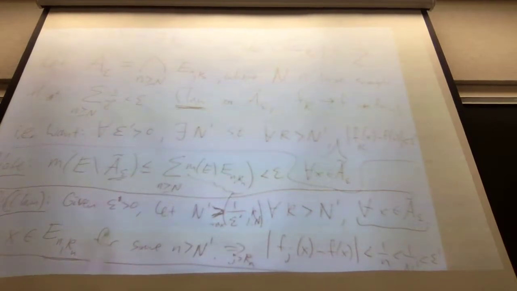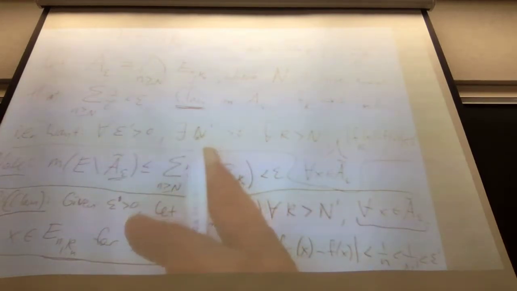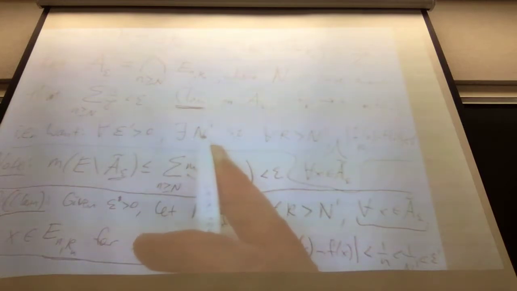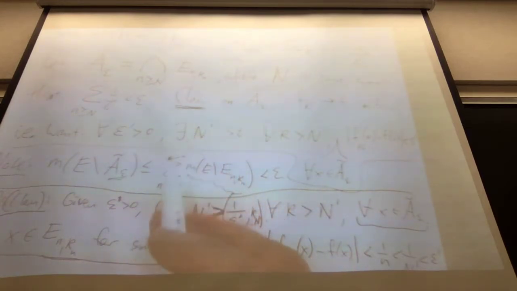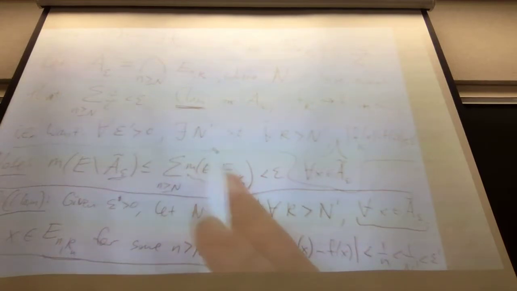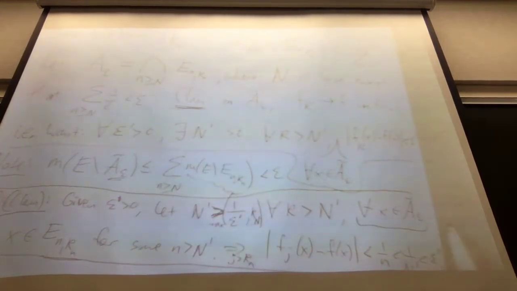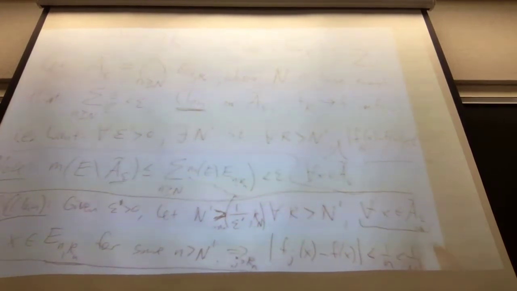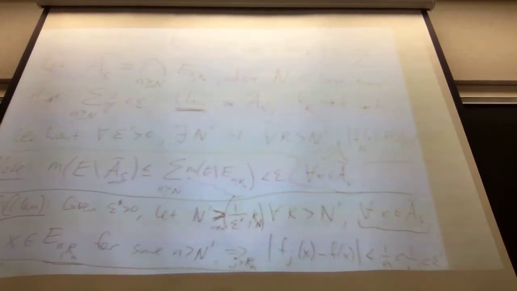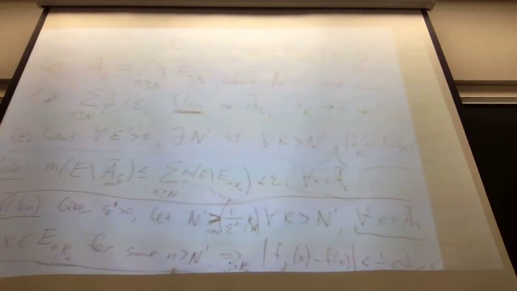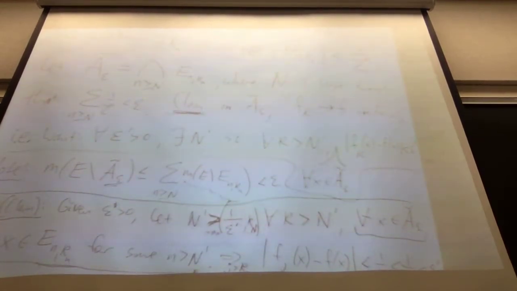Let's see, what did I write down here? So given some epsilon prime, we want to find an n prime so that for every x in here, this difference is at most epsilon. So x is in one of these A twiddle epsilons. That means it's in one of these for an n, for a k_n greater than n prime, is that better?